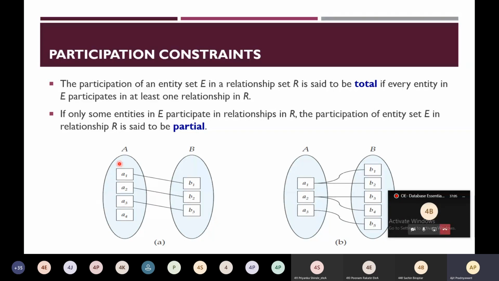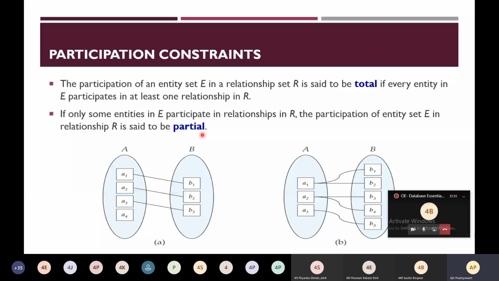This is set A and set B. In set A there are 4 elements, and among these, 3 elements have a participation in the elements present in B. This one element does not participate in the relationship. So this is called partial participation of entity set A in relationship R.